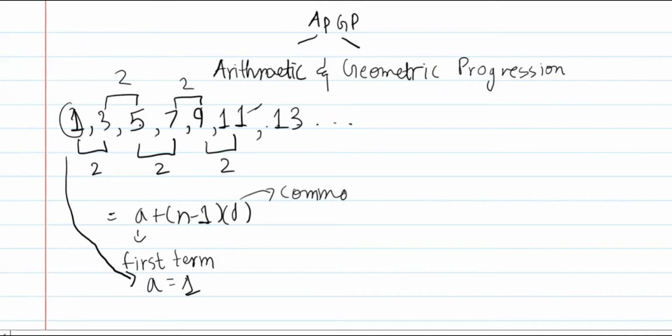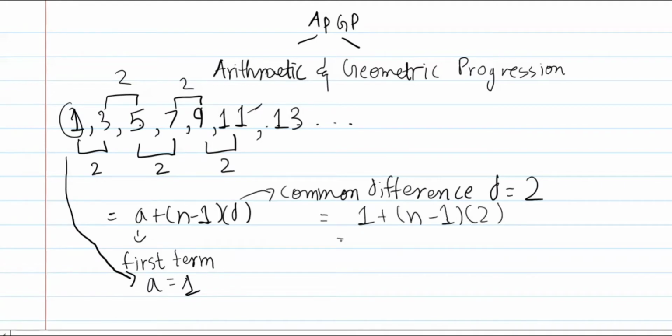The common difference in this case is 2 because each term in the series differs by 2. So common difference d is equal to 2. So if we use the values of a and d and put them in the formula, we'll get 1 plus n minus 1 multiplied by 2, and 1 plus 2n minus 2. So 2n minus 1.